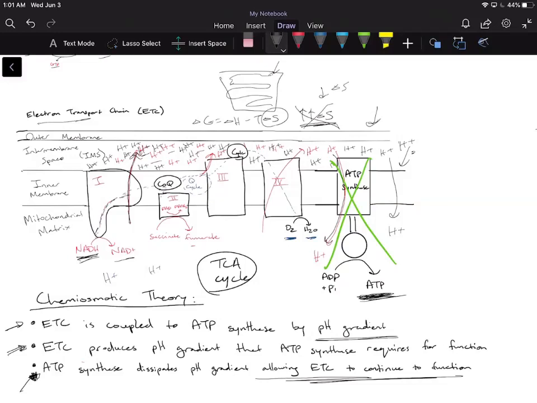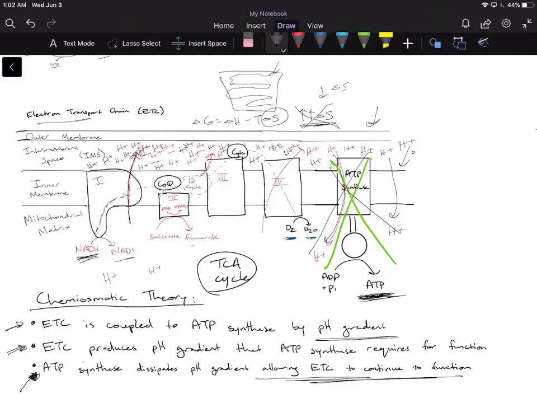Then the converse is also true, that ATP synthase is continually dissipating that proton gradient, allowing the ETC to continue to function. If we didn't have ATP synthase, we wouldn't be able to dissipate that proton gradient, and after a while it would become unfavorable for the electron transport chain to continue to pump protons against its concentration gradient, because there's going to be a buildup of protons in the IMS.